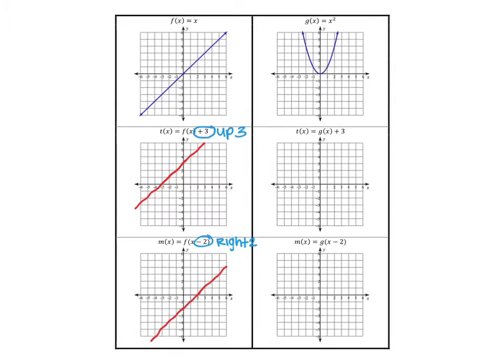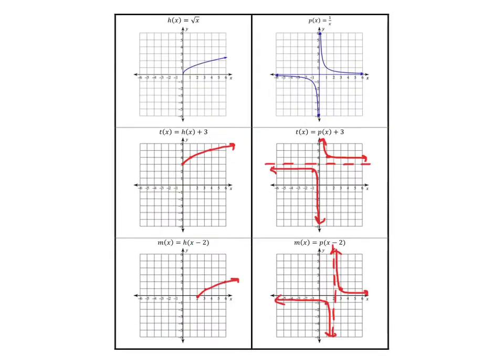So we're going to do the same thing for the next 3 functions. So this is what my graphs for the transformations of x squared are going to look like. I just took the parabolas, moved them up 2. For the square root, same kind of thing. I took the square root, moved it up 2.